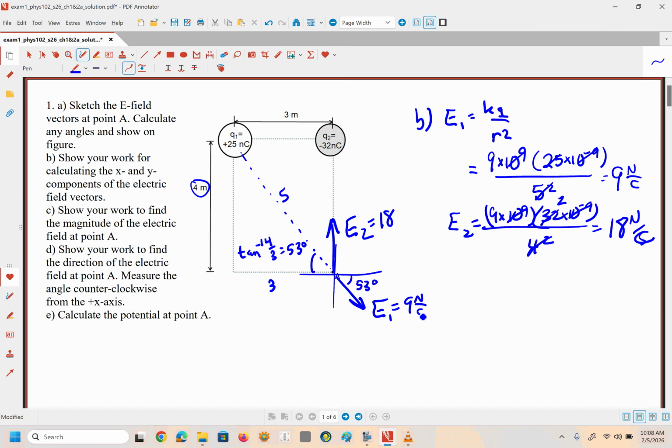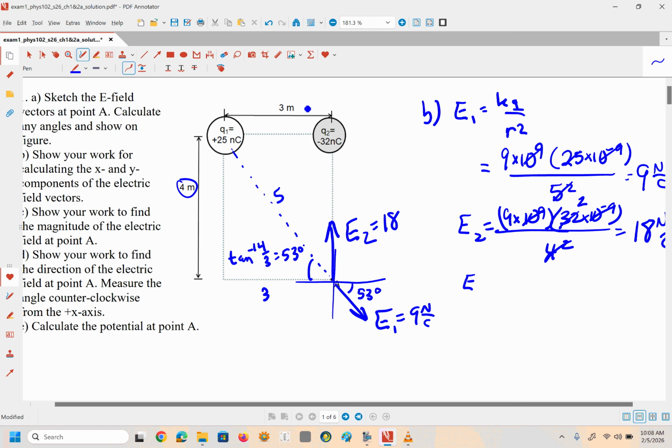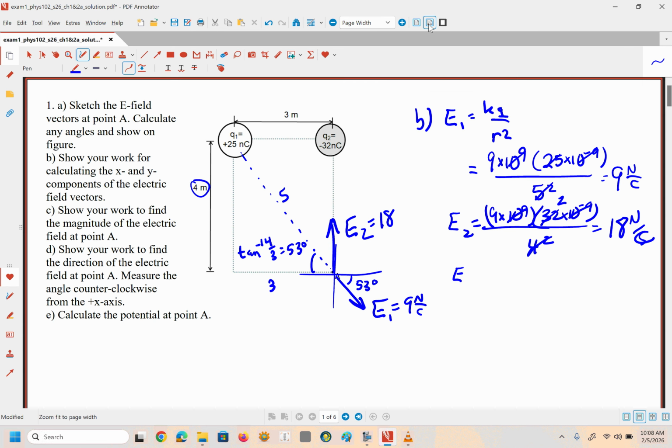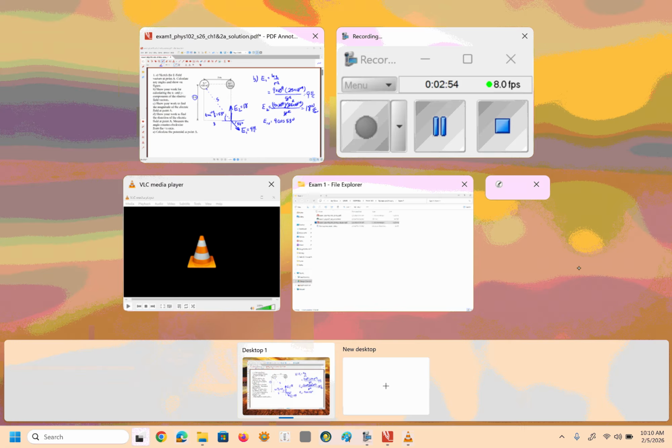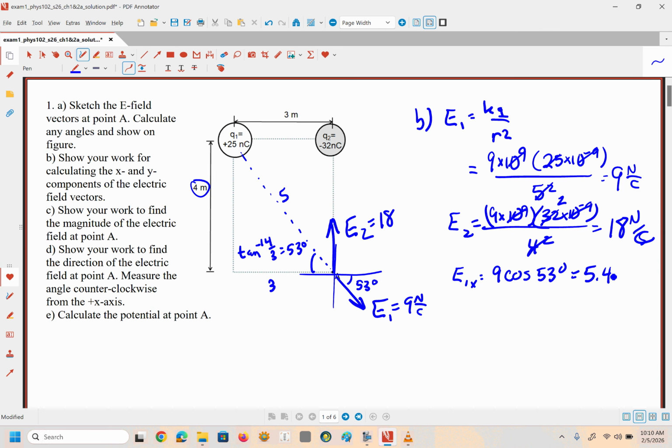And then I want to find E1x. I want to find the x and y components of each. So E1x, sorry about that, y'all, is equal to 9 cosine of 53, and 9 cosine of 53 is equal to 5.4 newtons per coulomb.